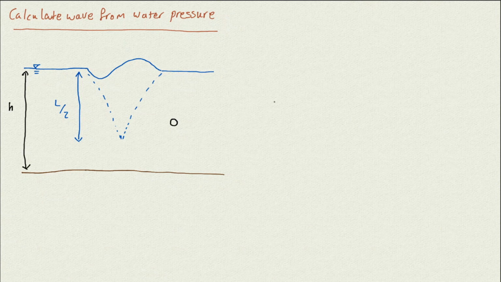So if I draw a simple one, assume something like that, this is y and this is t. If this is the wave we have on the surface, then the pressure sensor, depending on how deep it is, is going to measure something like that.